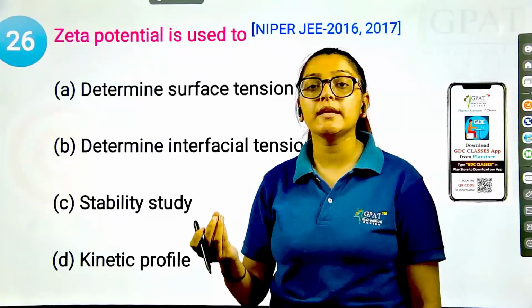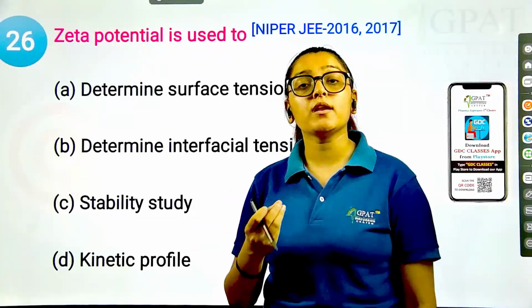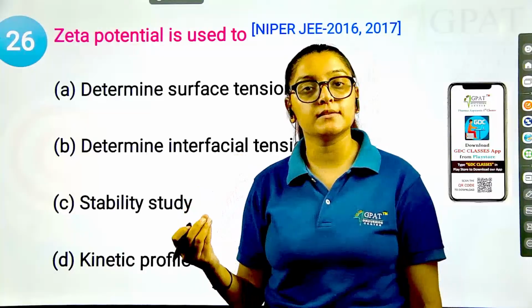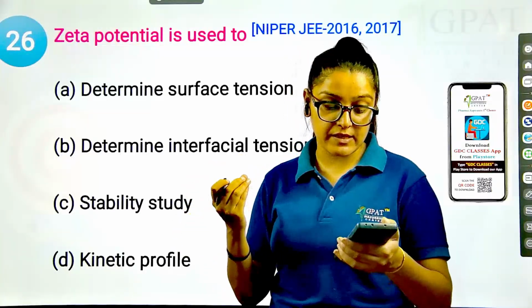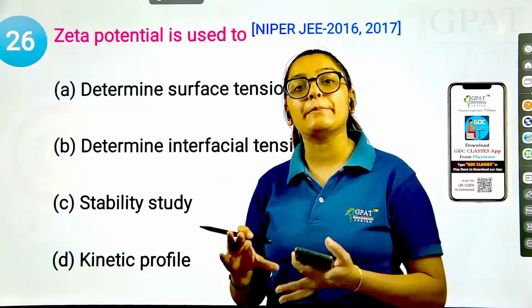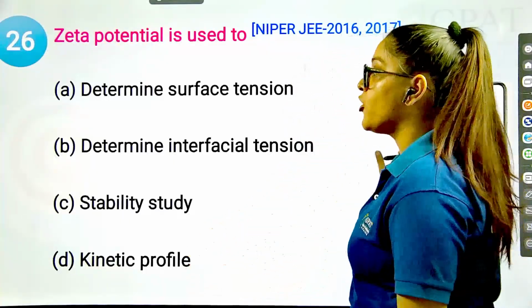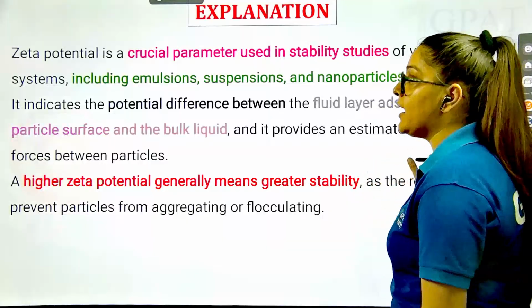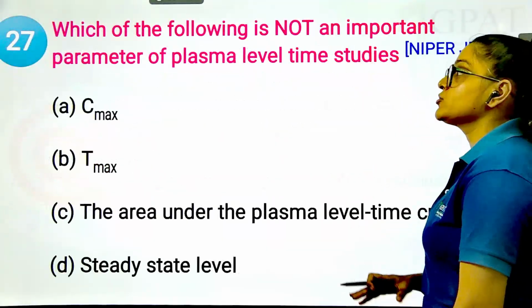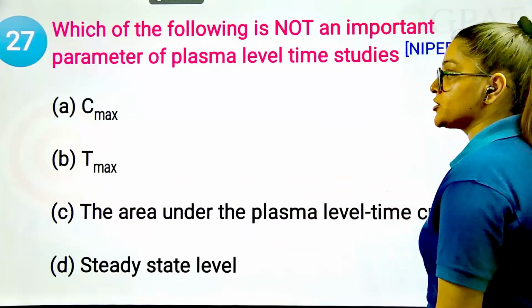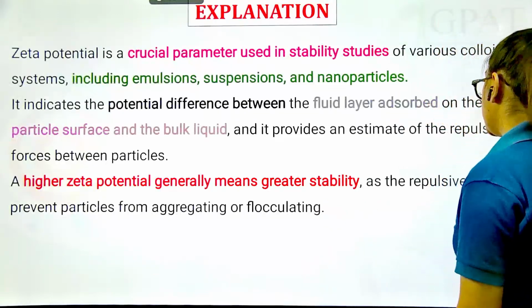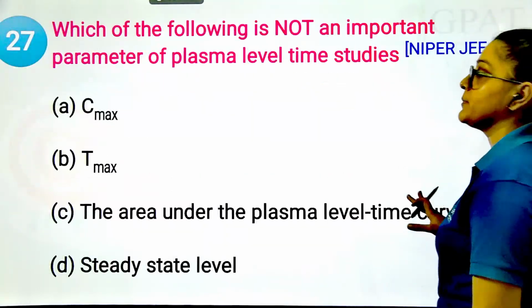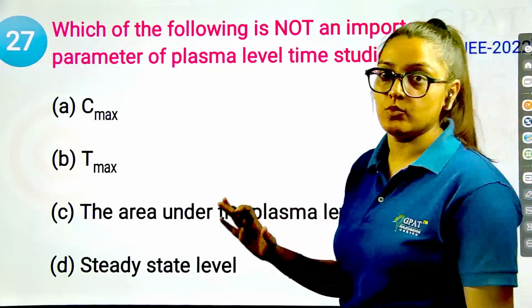They can coagulate, they can flocculate, or make the system unstable. So zeta potential gives an idea about their stability. So we have option C, stability is indicated by the zeta potential, right? A higher zeta potential will indicate better stability, as the repulsive forces are much more present.